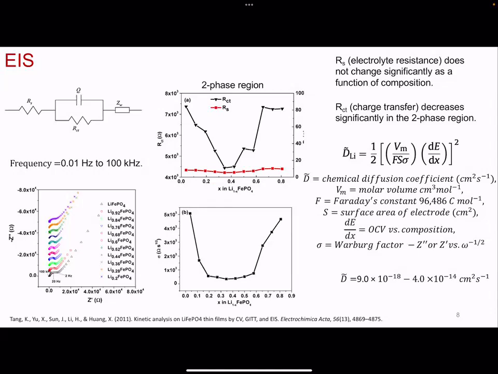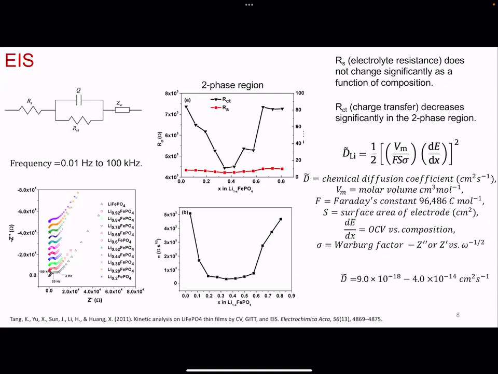Okay, so that's good. The red part is pretty good, right? It's not electrolyte dependent, which is very good. But there's a dip in the charge transfer. There's also a dip in the Warburg coefficient, which means there's going to be a dip in your diffusion coefficient. So both EIS and GITT are now starting to agree that there's something that's not purely just lithium ions diffusing through your system, because there seems to be a dip.